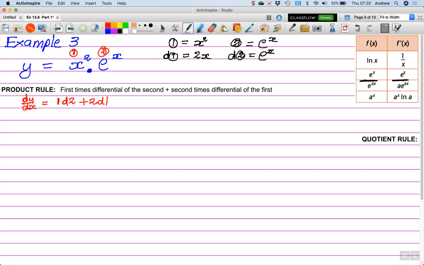Now, what you've got to do is substitute it in. So dy/dx is equal to, well, what is the first? Well, you go and read it. Just literally read it, nothing in your head. And that's x squared, and then multiplied by the differential of the second, which is e to the x, plus, that's in the formula, the second function, which is e to the x, multiplied by the differential of the first function, which is 2x.